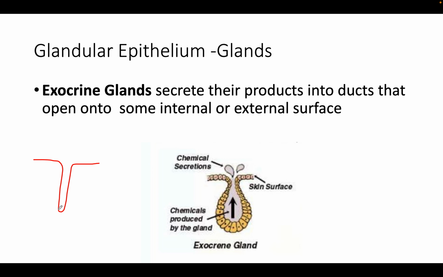That duct could be your sweat pore, your tear duct, your saliva ducts, all sorts of things, and then they just dump onto some sort of internal or external surface. This would also be found in your digestive system, all sorts of stuff.